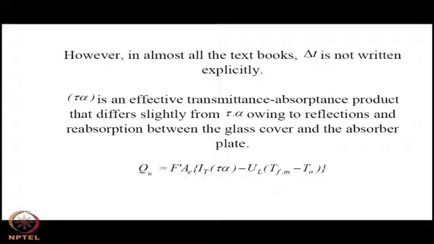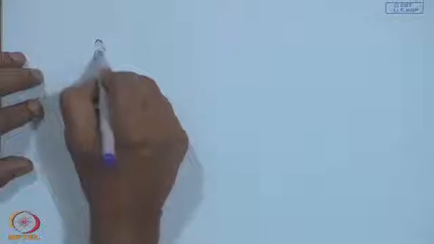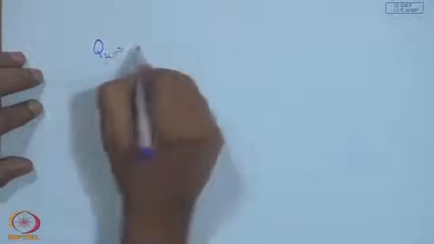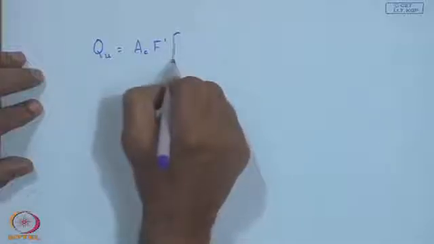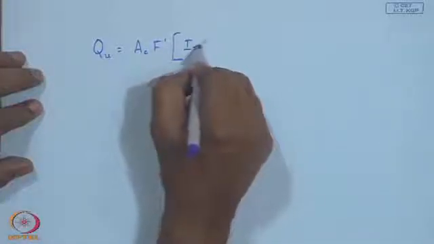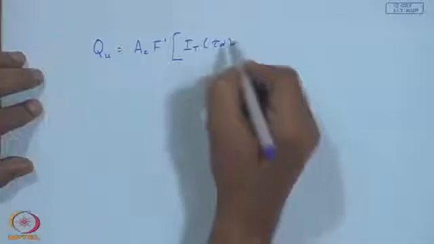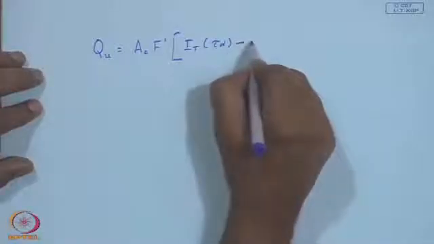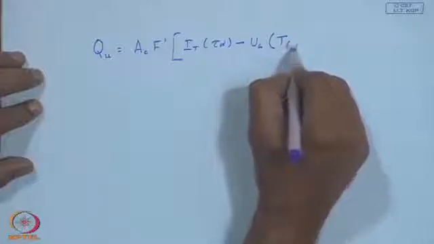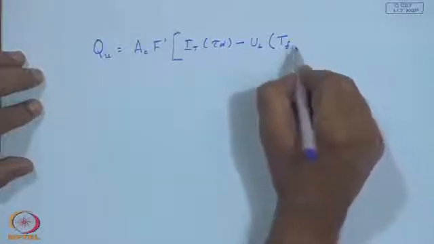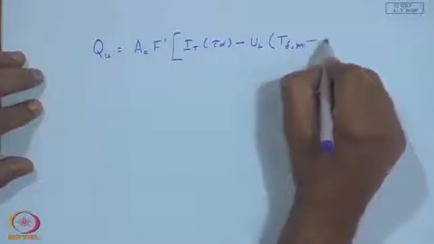In order that the uncertainty in the plate temperature and the associated problems are alleviated, we express this useful energy gain from the collector Q u as a product of A c and F dashed times I t tau alpha, the incoming absorbed radiation, minus the losses if the entire collector had been at the local fluid mean temperature.